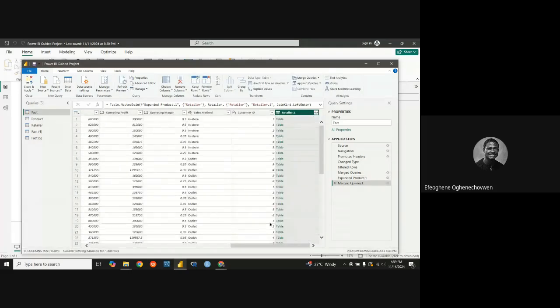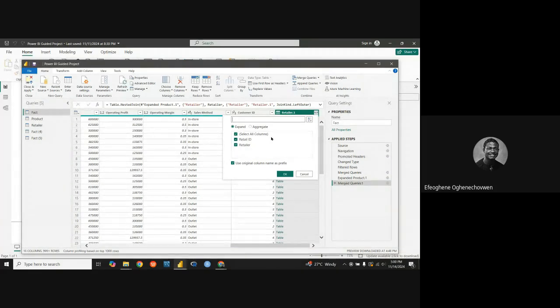Beautiful. It creates another column for me by default, retailer ID. So I'm going to click on this square symbol here. What it has just done is that it has joined and made a relationship with my fact table.